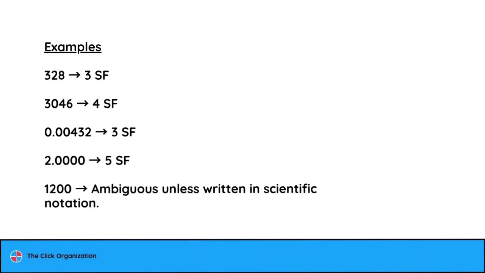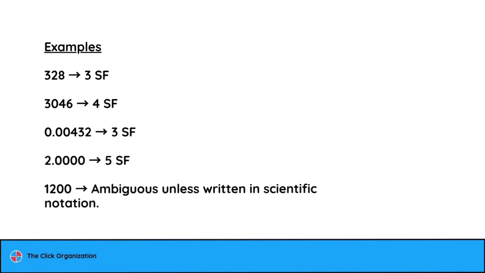The number 0.00432 has 3 significant figures because the leading zeros are not counted. The number 2.0000 has 5 significant figures since all the zeros after the decimal point are significant. Whole numbers ending with zeros, such as 1200, can be unclear. To show the exact number of significant figures, scientists usually write these numbers in scientific notation.